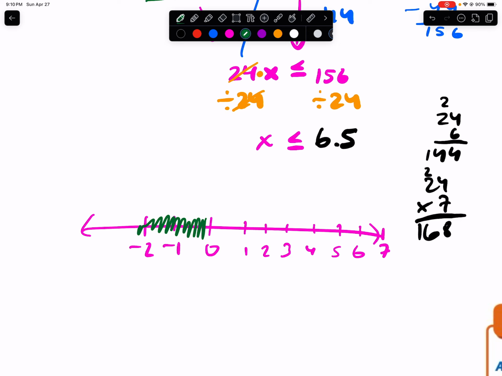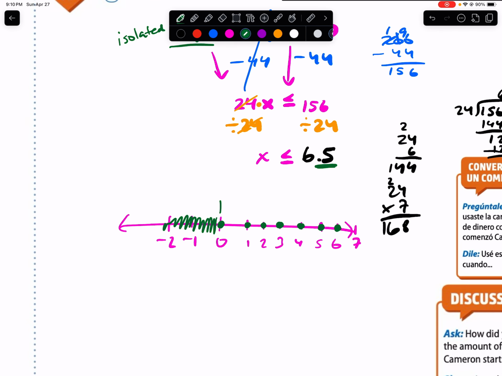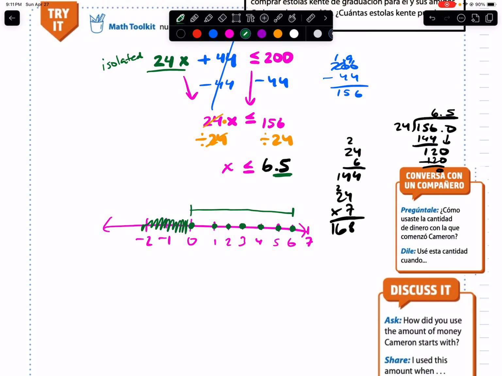Now, you cannot buy half of something. I want to buy half a shirt? That makes no sense. So only whole numbers will work here. He could buy 6, 5, 4, 3, 2, 1, or none. So he could buy between 0 and 6 of the Kente stoles.